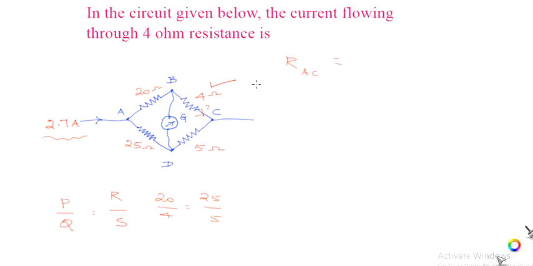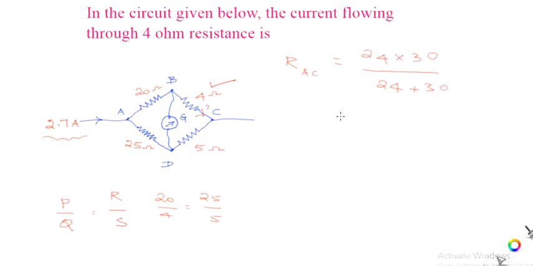Therefore, it will be 24 into 30 divided by 24 plus 30. That means both are in parallel.